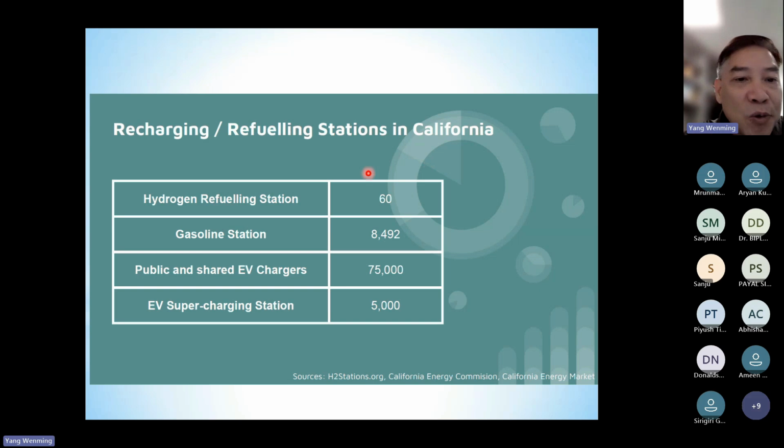In California, there are about 60 hydrogen refueling stations, about 8,492 gasoline stations, about 75,000 EV chargers, and 5,000 EV supercharging stations. So-called supercharging means the charging speed is faster, because the power is stronger.